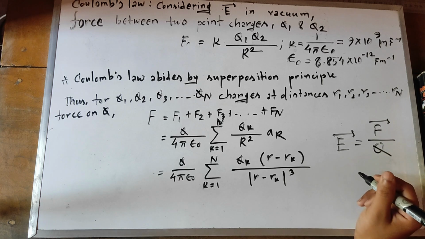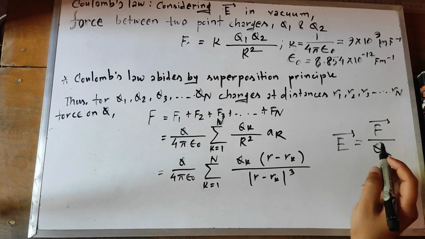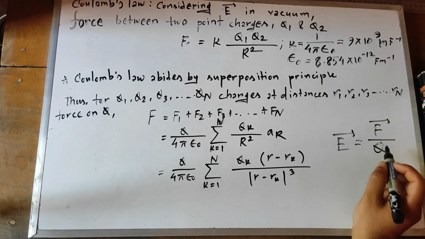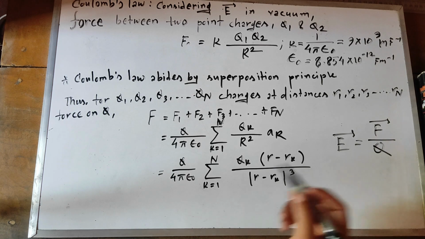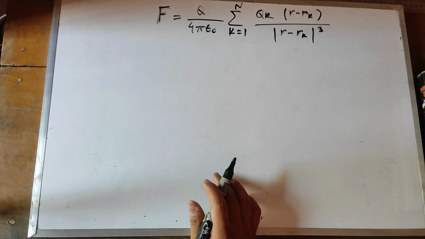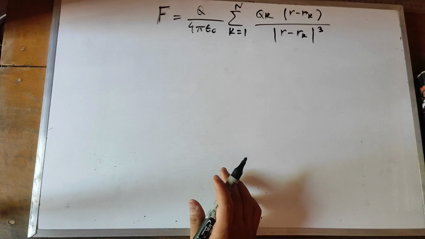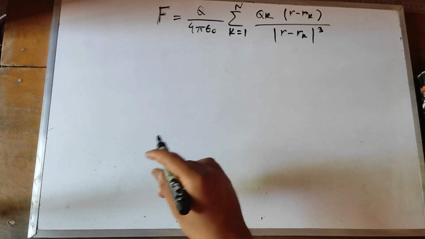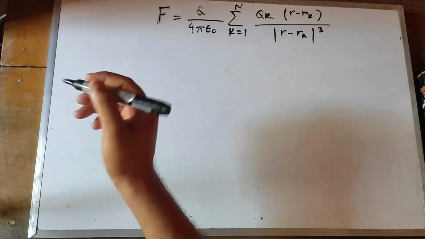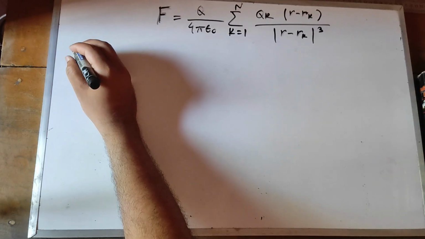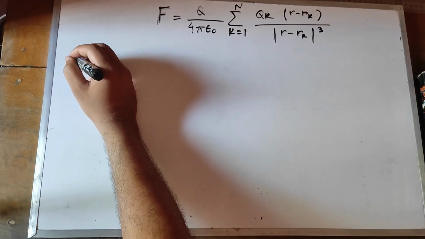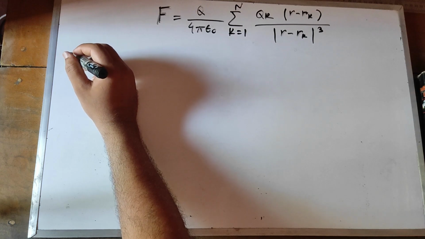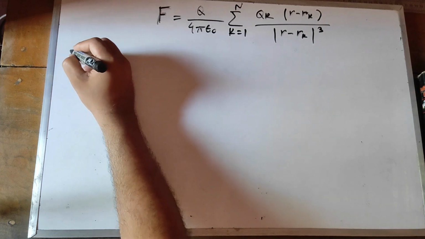Electric field intensity is defined as force per test charge. So the formula for Coulombic force experienced by a test charge, say q, is this formula. Now we're going to quantify the electric field. The electric field is quantified by the electric field intensity.